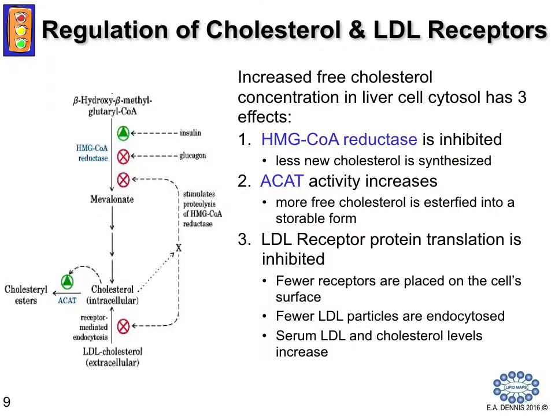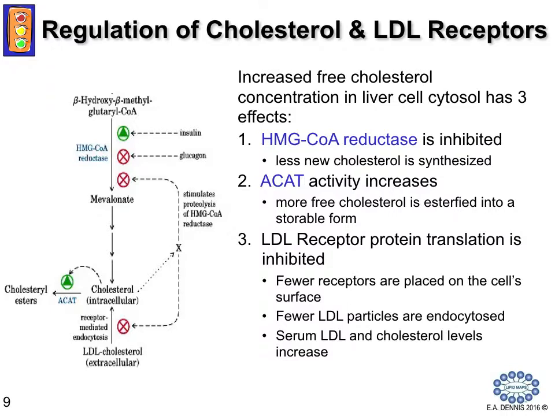This slide depicts three effects of increased free cholesterol in the cytosol of cells resulting from the uptake of LDL via the receptor-mediated process. The first effect is the inhibition of HMG-CoA reductase so as to make less cholesterol de novo.